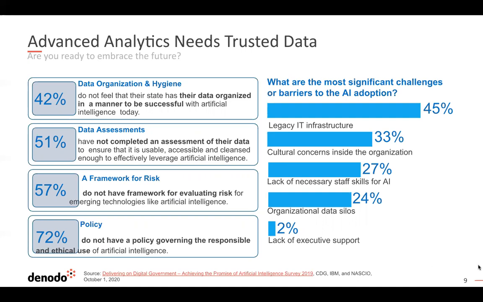Some of the barriers are that organizations are still clinging to legacy IT infrastructure. There's a huge paradigm shift required in the organization, which is a cultural change in terms of how data needs to be at the core of the business, and not just a side project. To run AI projects, you need specific staff skills.